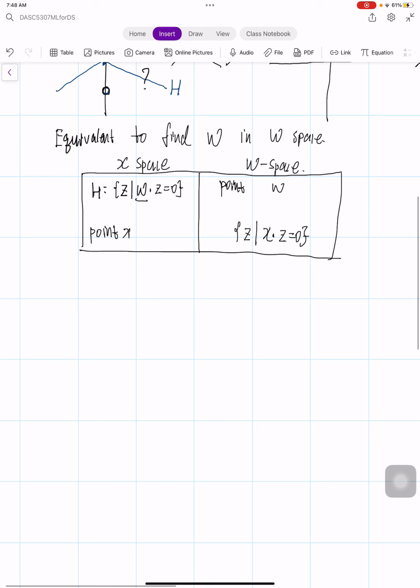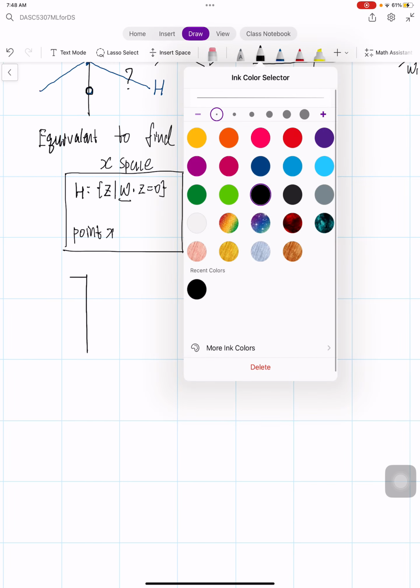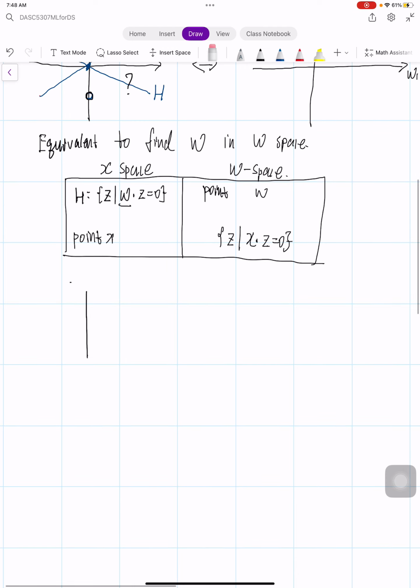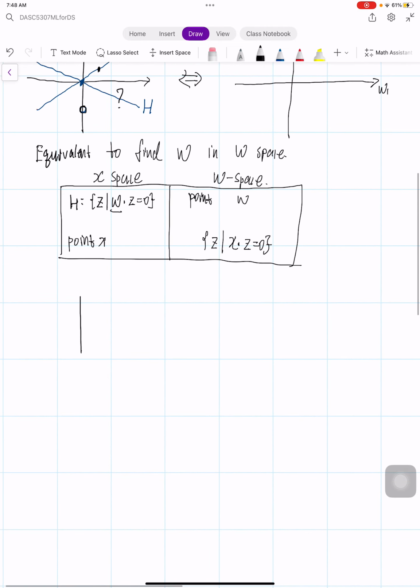Okay, so in the xy feature space, again we think about this example.